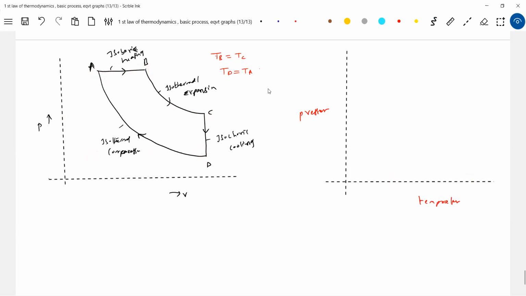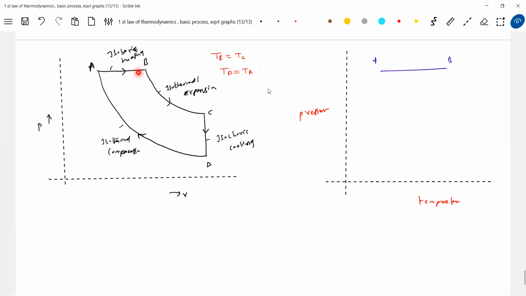Okay, first, what is the isobaric process? An isobaric process should be a constant line, a horizontal line. Shall I go for a horizontal line? Sir, how can you plot that one? A rough guess I'm making. Okay, here. So how can you say temperature increases? Come back to this one.